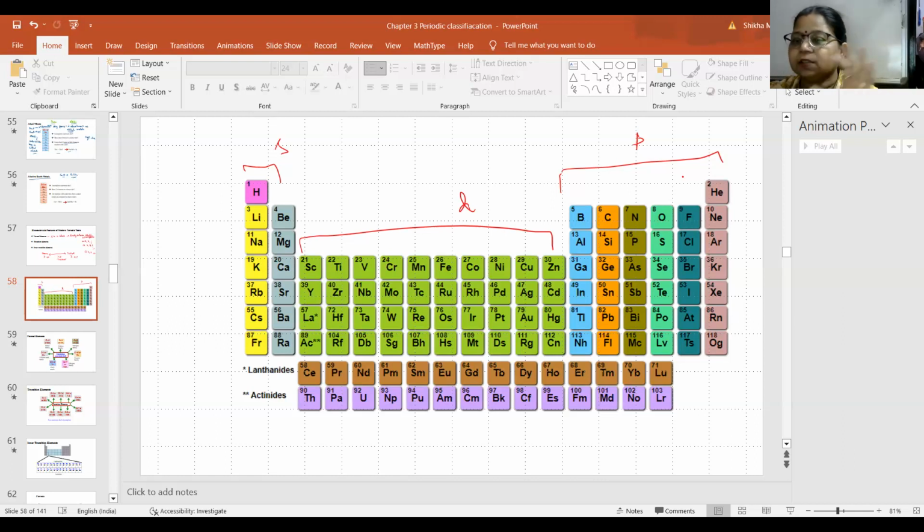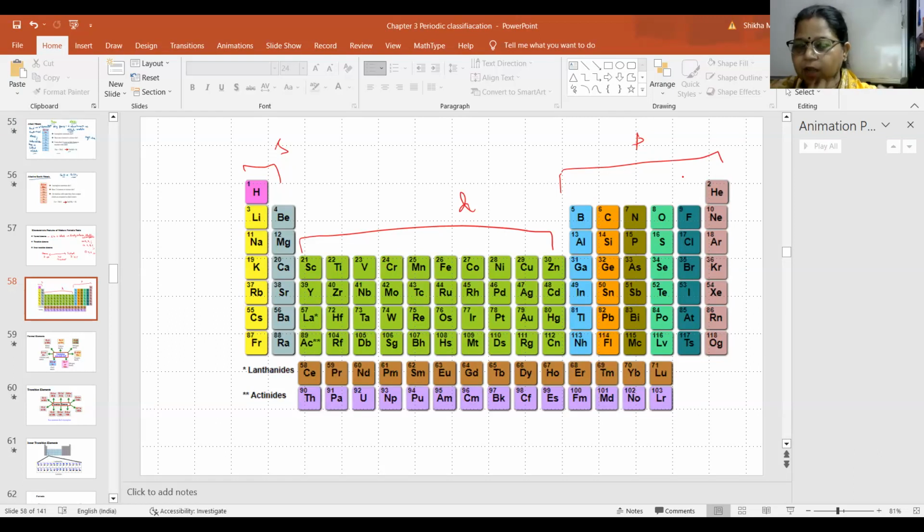Therefore, it is called transition elements or transition metals. All the elements placed in the D block are metals. Every element is a metal. So transition metal and transition element can be understood as synonyms, right?